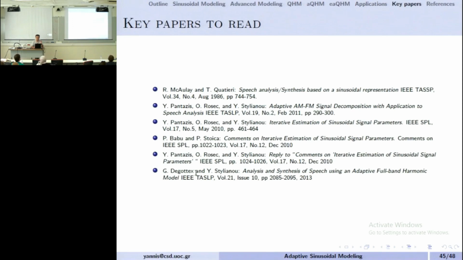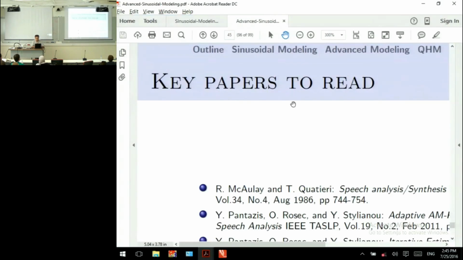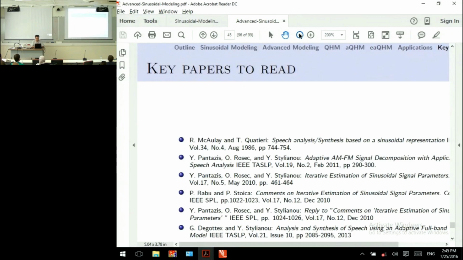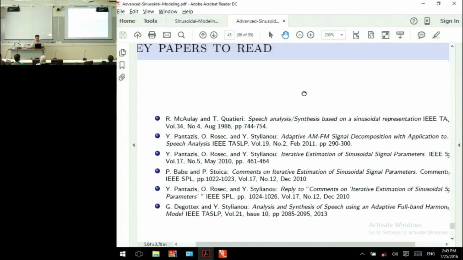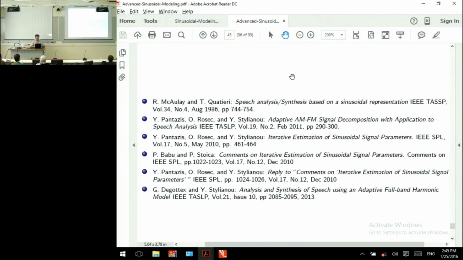Now, there are some key papers to read. So, the first one is the Sinusoidal model. This one describes the quasi-harmonic model as AMFM, adaptive AMFM, signal decomposition.